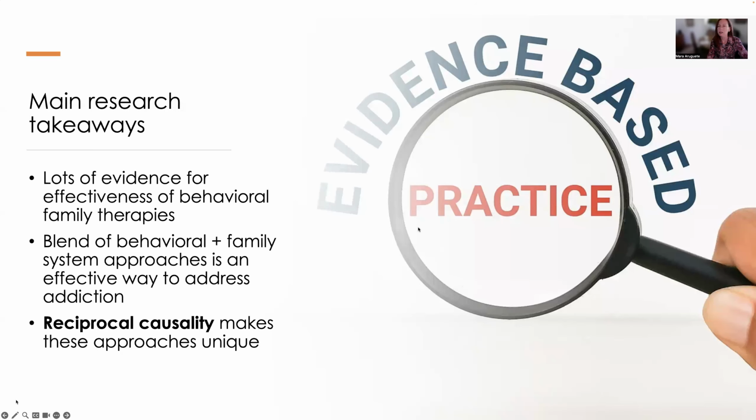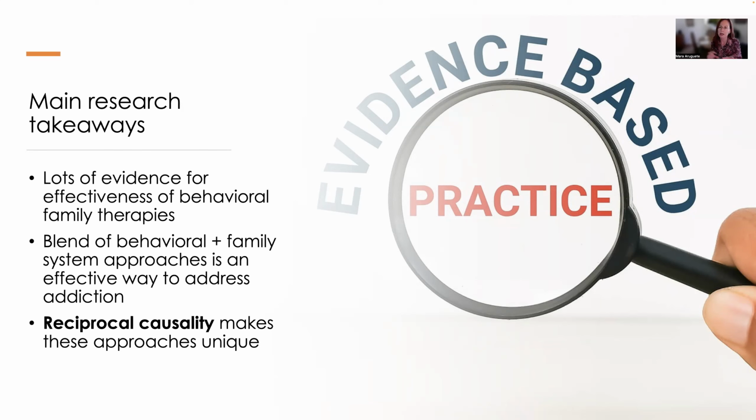I wanted to just get some main research takeaways here. There's lots of evidence for behavioral family therapies. And so what we tend to get in the current world of family systems therapies is a blend of this behavioral approach, looking at the reinforcements, and family systems approaches, looking at rules and boundaries. And this blend seems to be a really effective way of treating addiction.